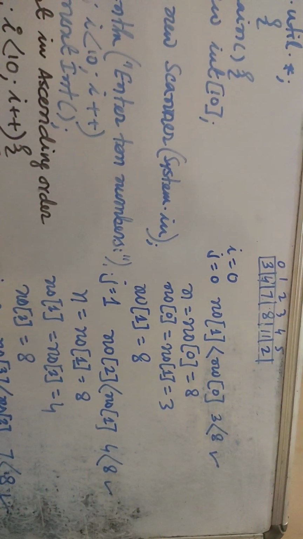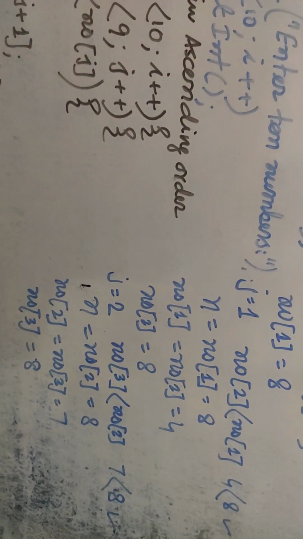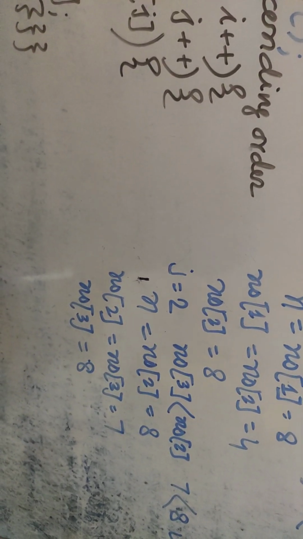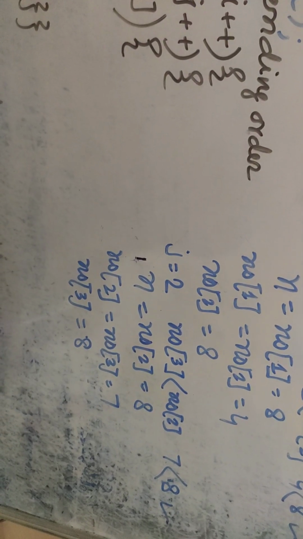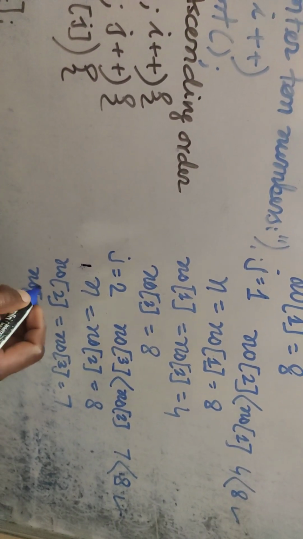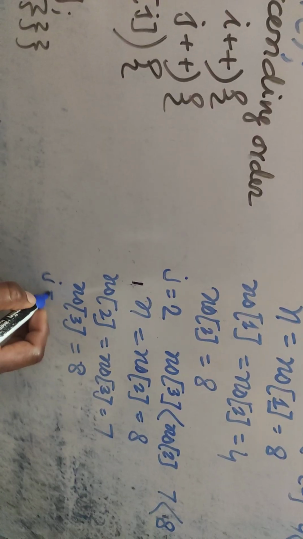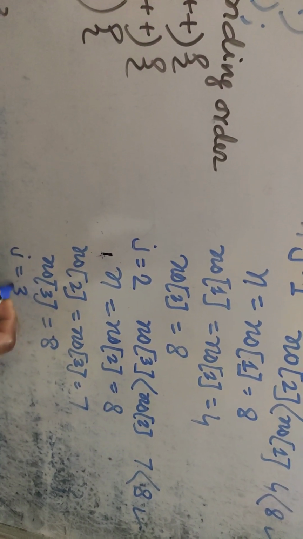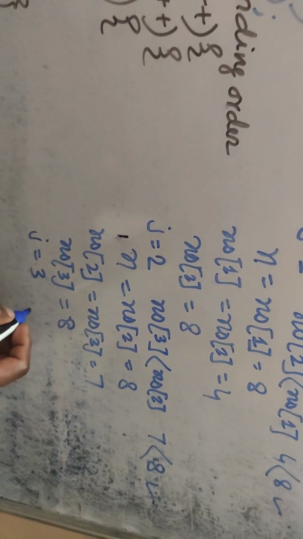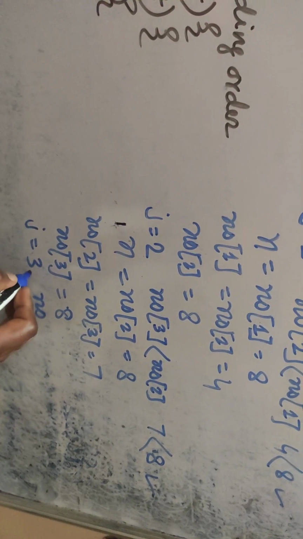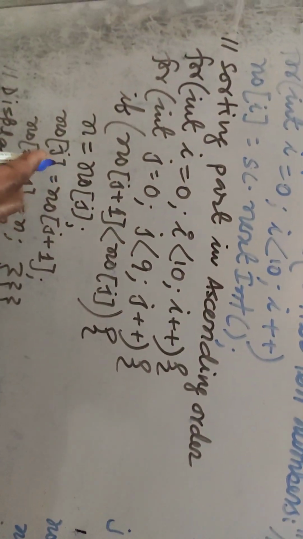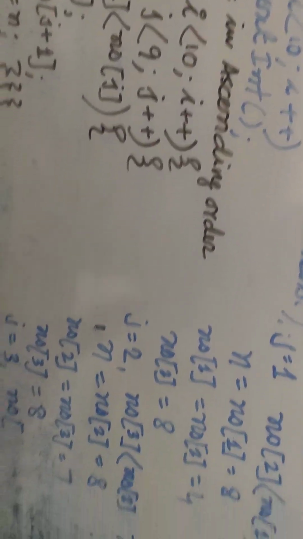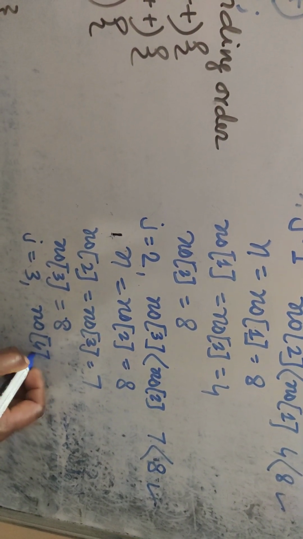Okay. Next value for j, in ascending order. Okay. Now j equal to 3. When j equal to 3, what will happen? Number of j plus 1, 3 plus 1, it is 4.